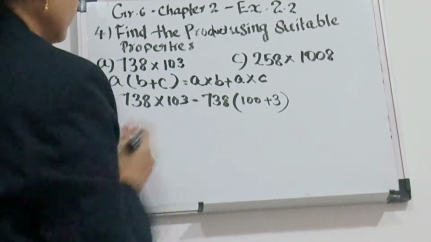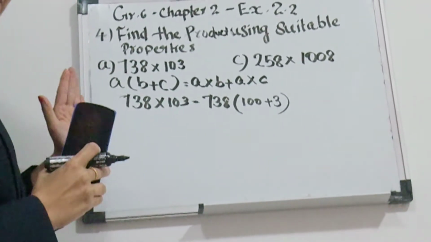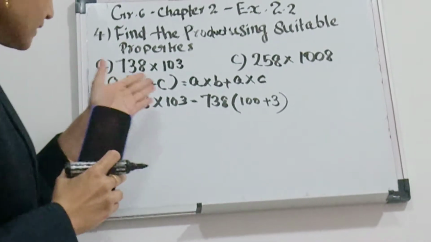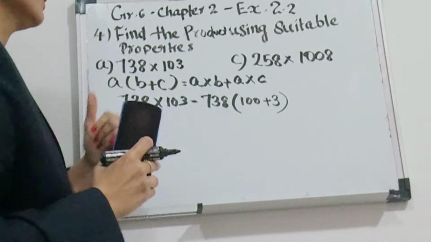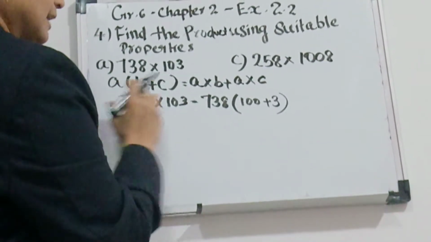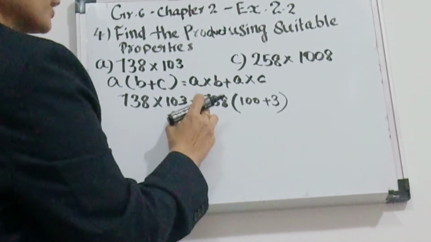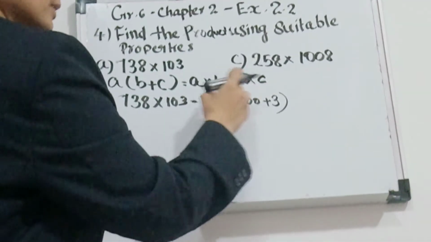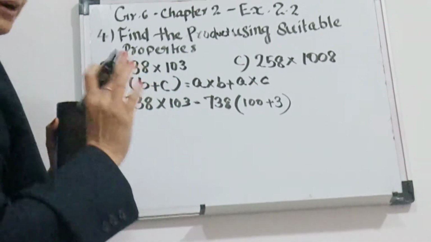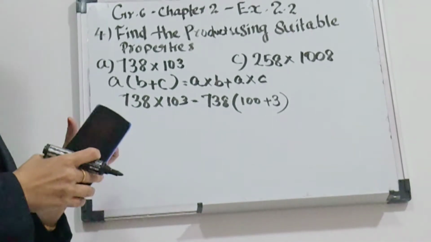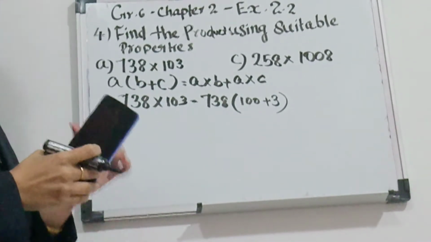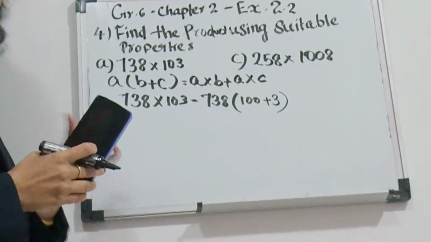So here we are going to use which property? Distributive property. In the distributive property, which side is given? This one or this one? This side is given, the left side is given. So you convert this into the right side form and find the value. If the question says use suitable properties, then you should use suitable properties, otherwise you will not get marks.